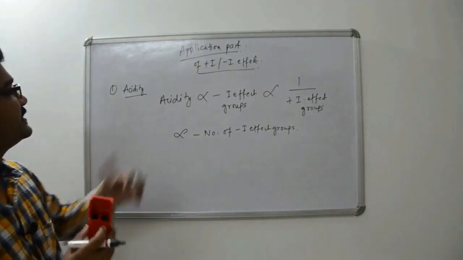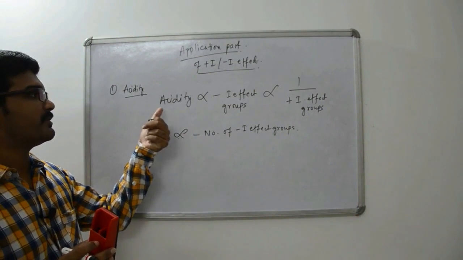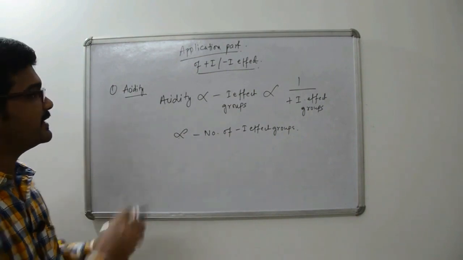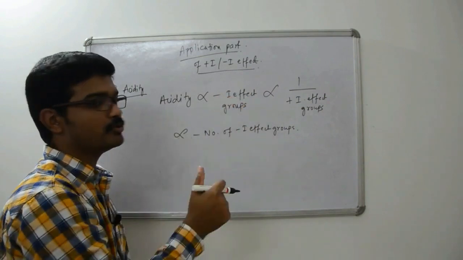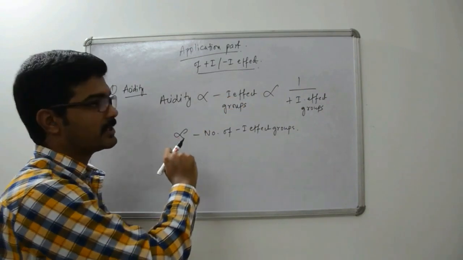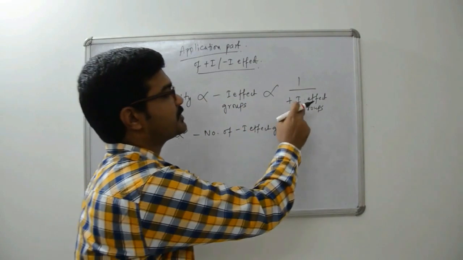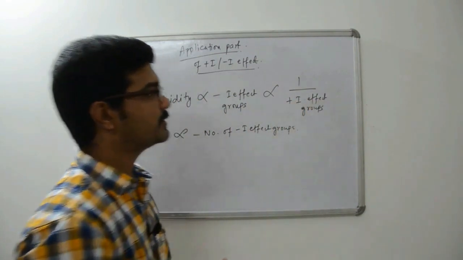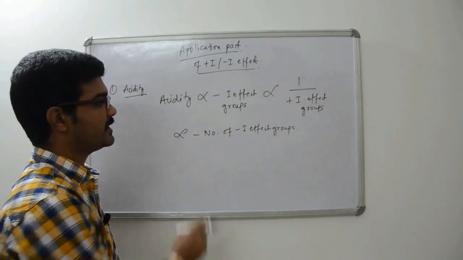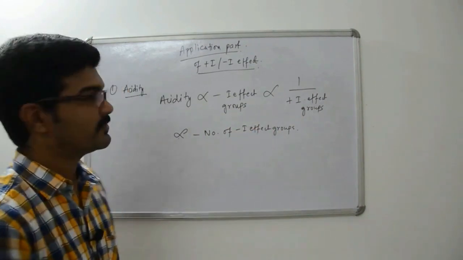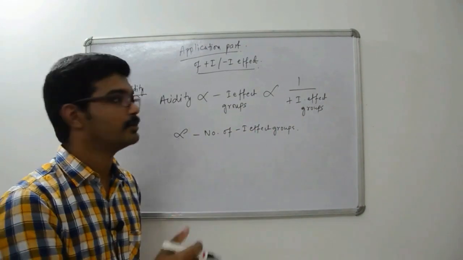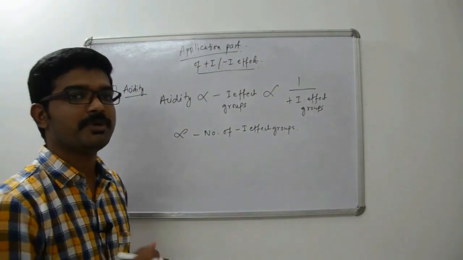That is, acidity of any molecule, for example in carboxylic acids, increases as the number of minus I effect groups attached with the carbon chain increases, and is inversely proportional to the plus I effect groups attached with the carbon chain, and also depends on the number of minus I effect groups. This will be further cleared when we move to some examples.